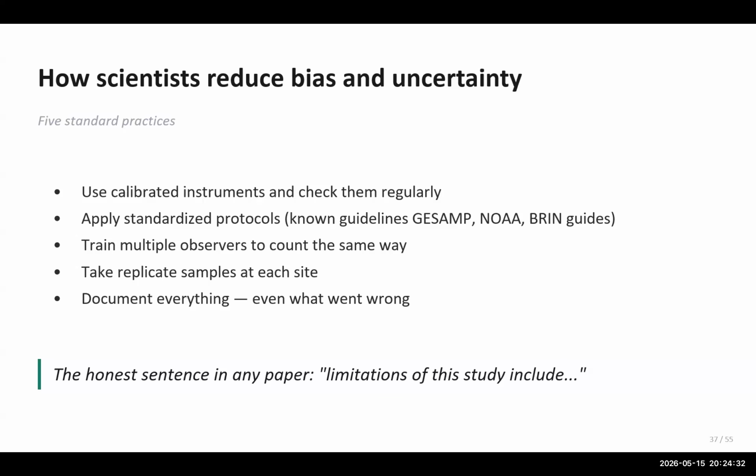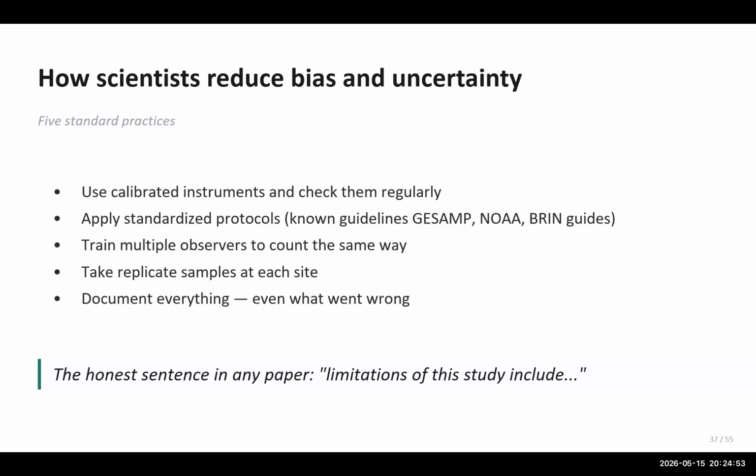This is called calibration. Every instrument has a calibration setting, and you need to check it regularly to make sure that the measurement from the instrument is correct. If not, the equipment might have a problem. So it's very important to check them regularly.